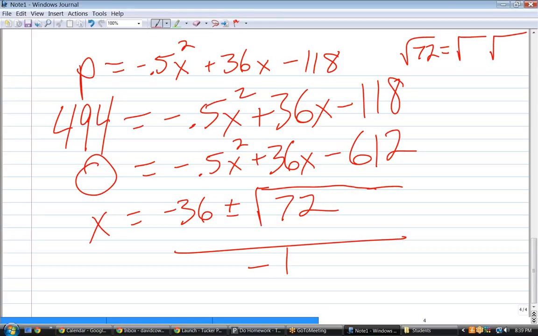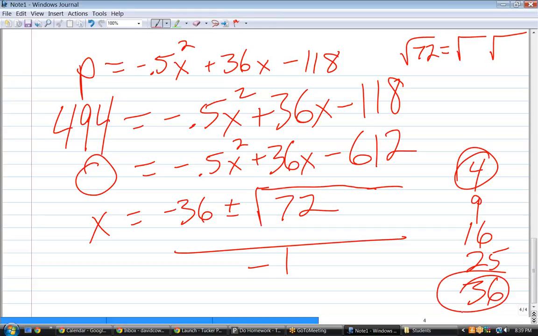But more importantly, 36 does. 18's not a perfect square number. The only numbers you want to consider are 4, 9, 16, 25, and 36. These are your perfect square numbers. Well, 4 goes into it, but it's not the biggest perfect square number that divides into it. 36 is. 36 goes into 72 twice.